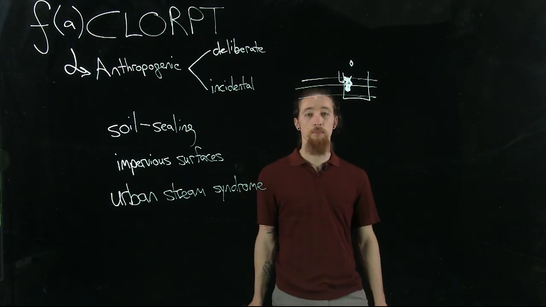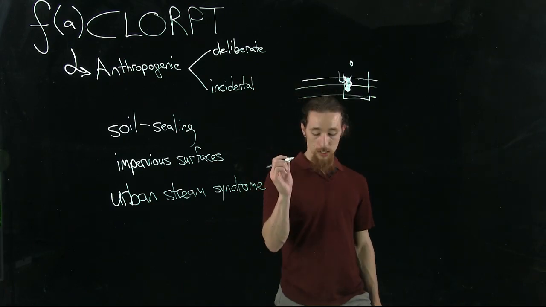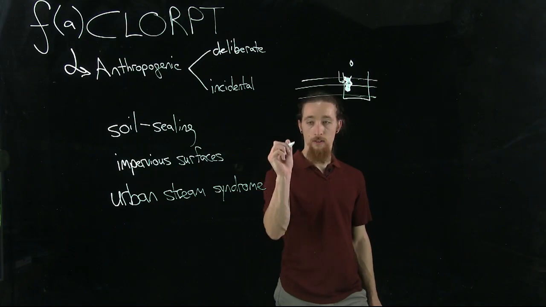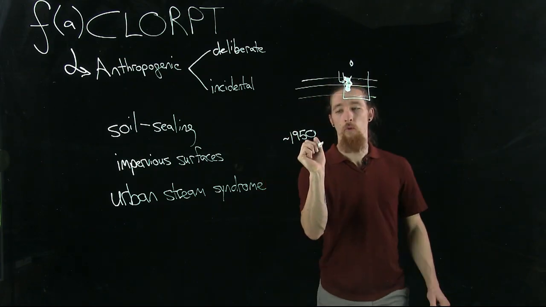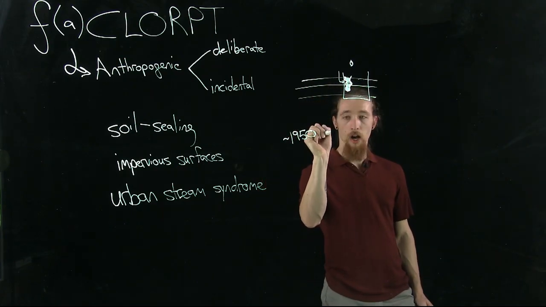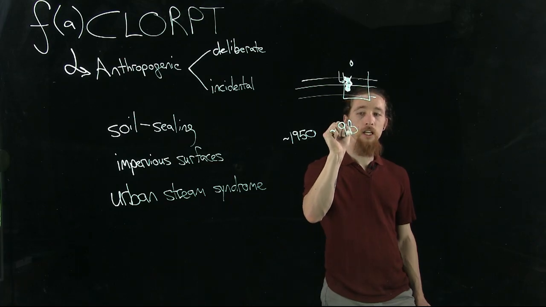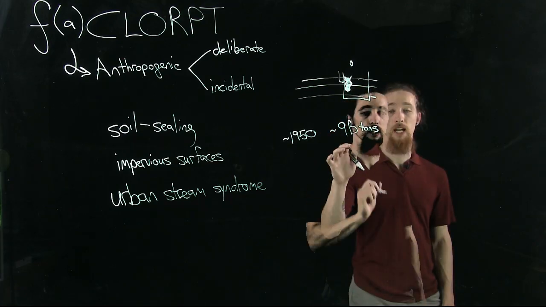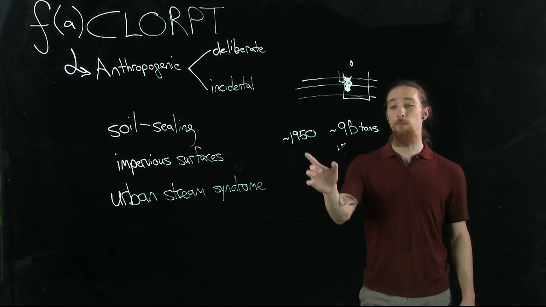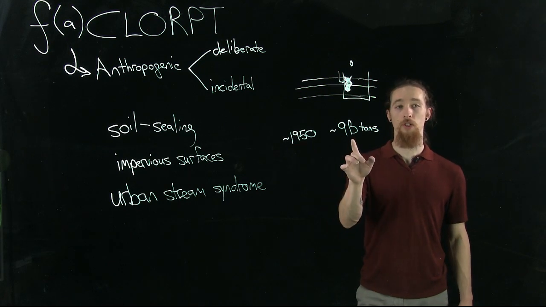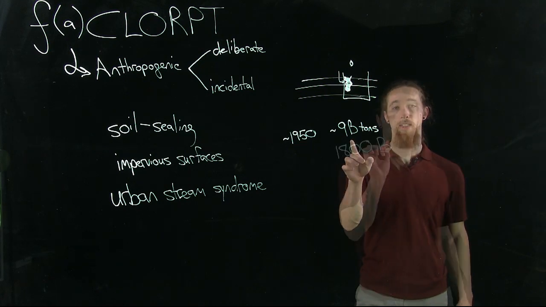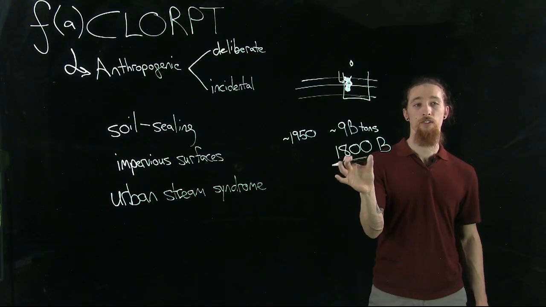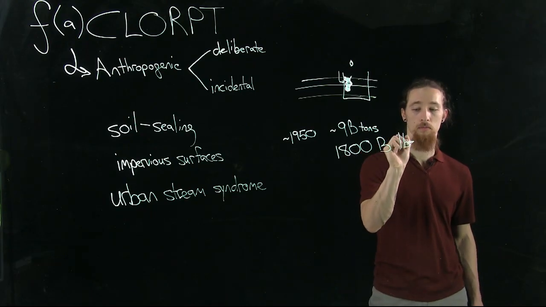This is an especially pressing issue because since the invention of plastic from about 1950, we've produced globally about 9 billion tons of plastic. 9 billion tons. That's 1,800 billion pounds.